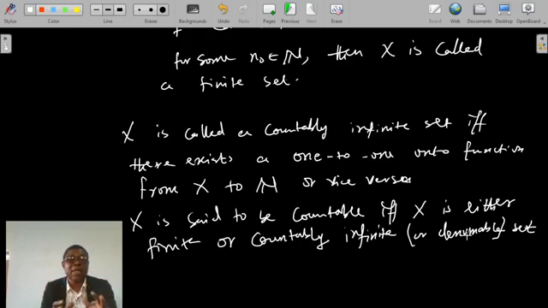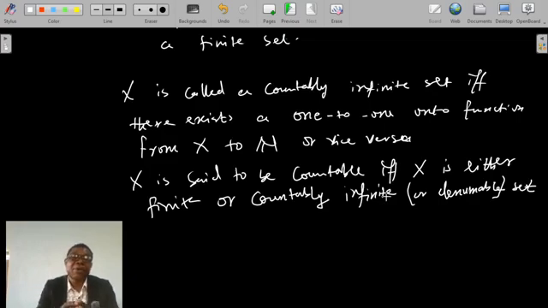So a set is countable if it is either finite or denumerable. Meaning that every finite set is countable. Every countably infinite set is countable, but not the other way around.